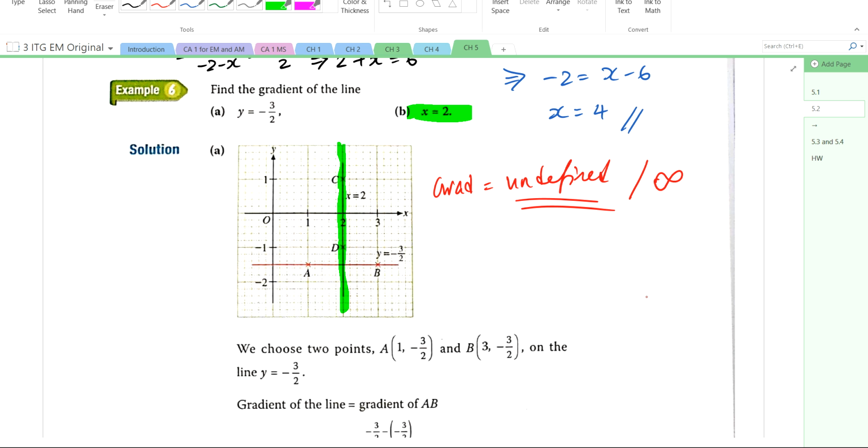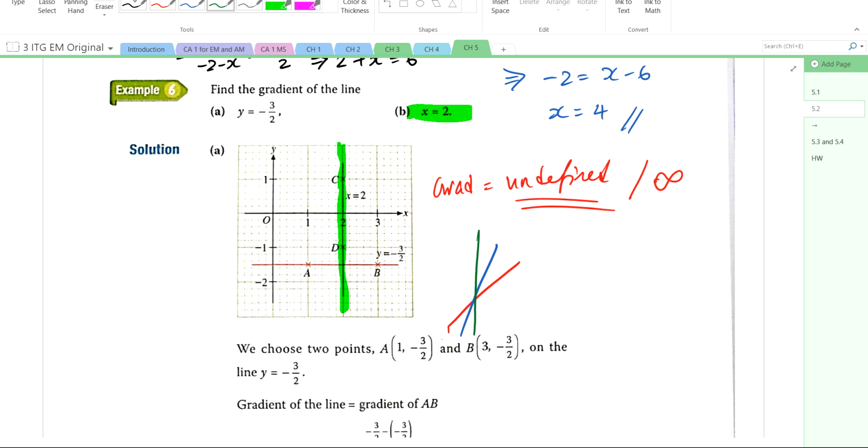Now you tell me, which one is steeper? The red graph or the blue graph? Blue is steeper, right? Which one has a larger value of the gradient? Blue. Okay, it's larger. What about the green line now? Green, it is steeper, isn't it?